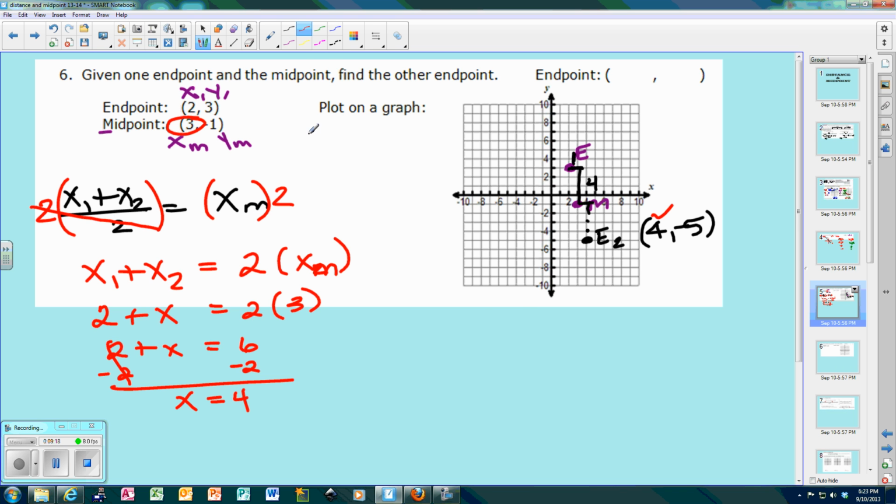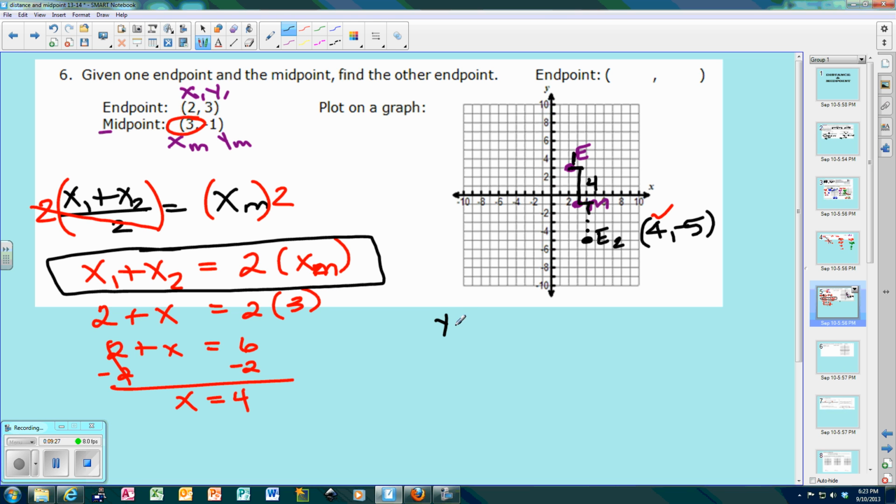So now let's do this all over again, but with the y values this time. So I'm just going to rewrite this, but using y's. So y1 plus y2 equals 2ym. And we'll talk about this more in class. So y1 is 3 plus y2, we're looking for it, and then 2 times the middle, which is -1.